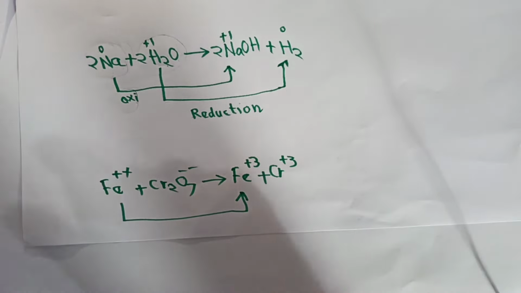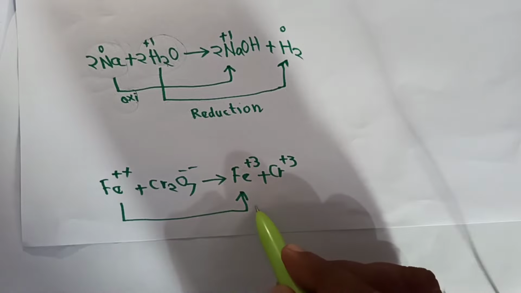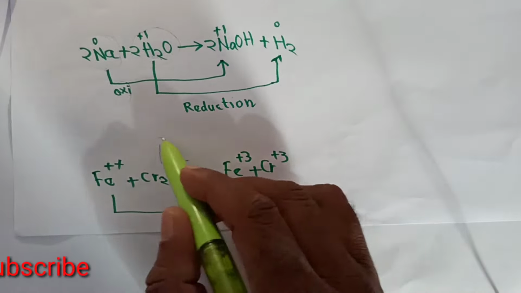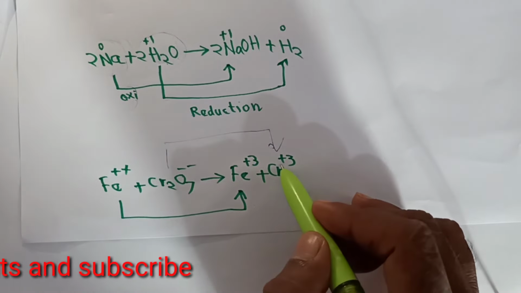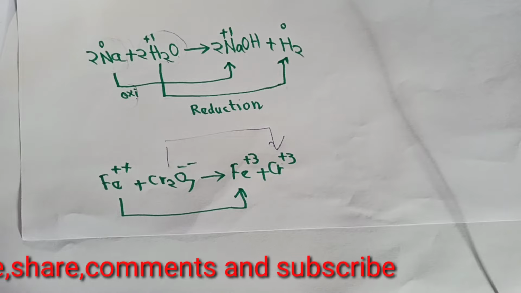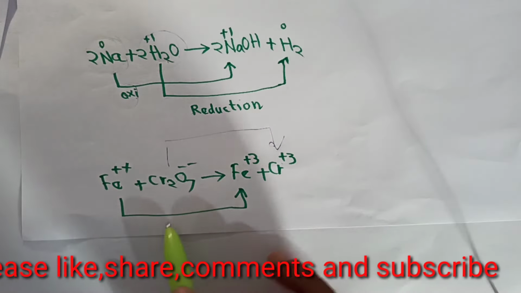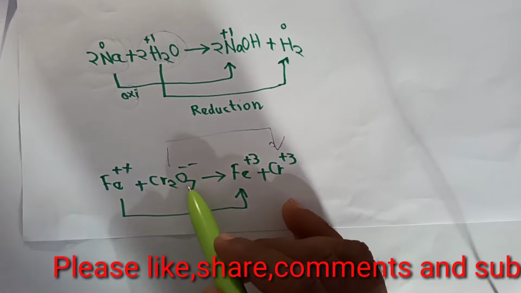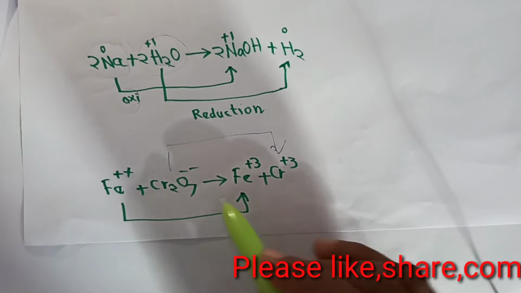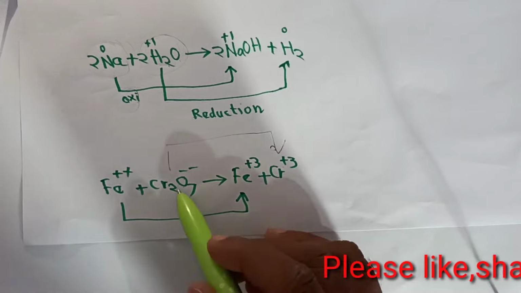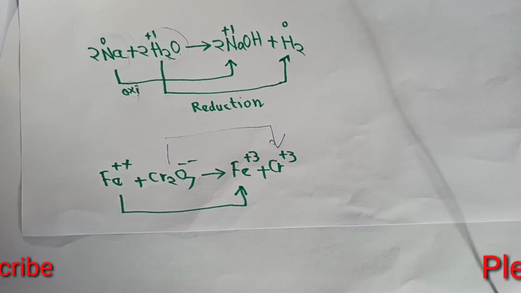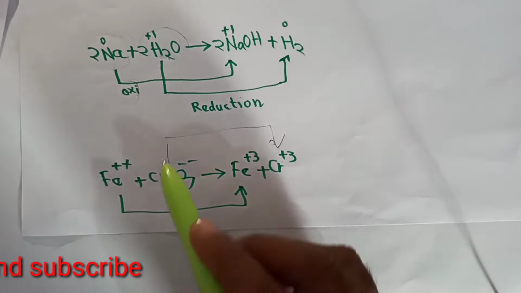So this is the oxidation, and if this is oxidized, then this will be reduced. Cr2O7: here is 7 O, here is none. It means removal of oxygen, which is not oxidation. So this is the reduction.